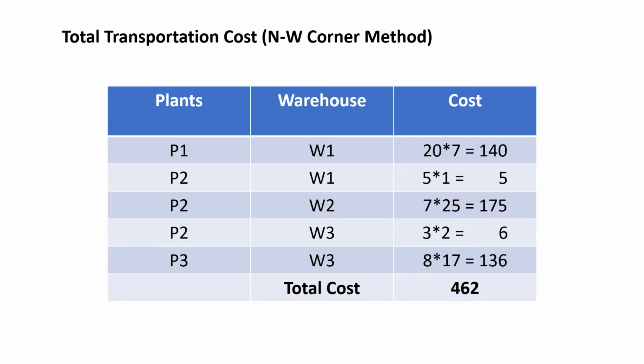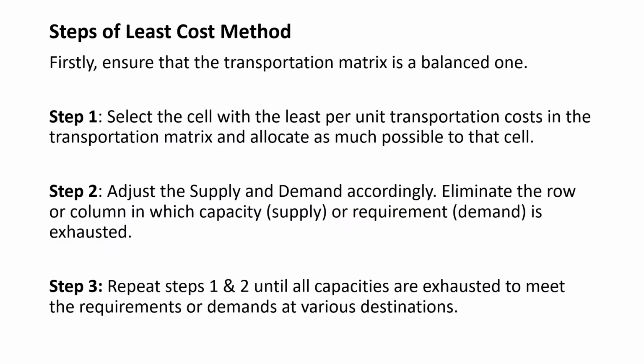Now let's see the next technique, that is least cost method. Now what are the steps of least cost method? Let's see that. First, like any case, any technique, we have to get the matrix a balanced one. Now select the cell with the least cost per unit transportation cost and allocate as much as possible to that cell.